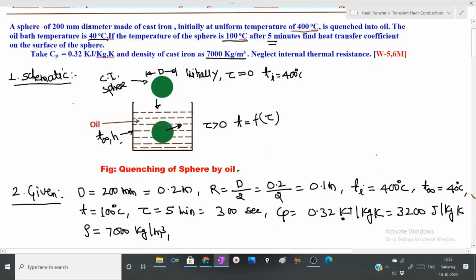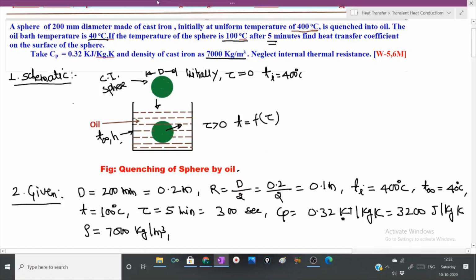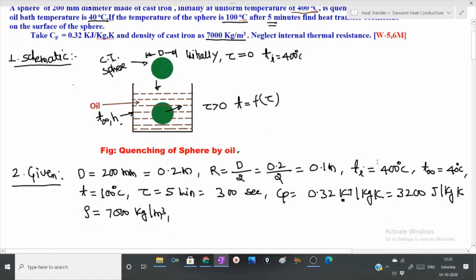You have to very meticulously identify these temperatures. If you mistakenly take one temperature as another, your answer may be wrong. Okay. Now, number 3 as assumptions.